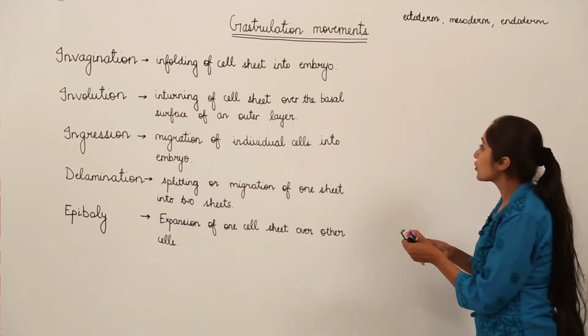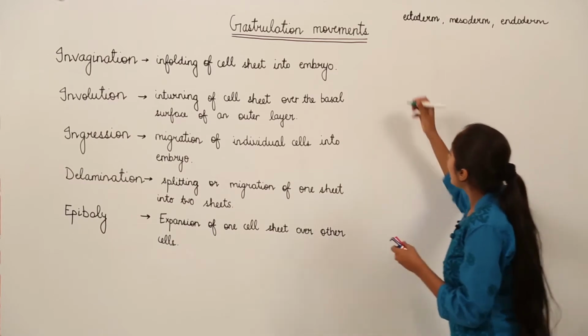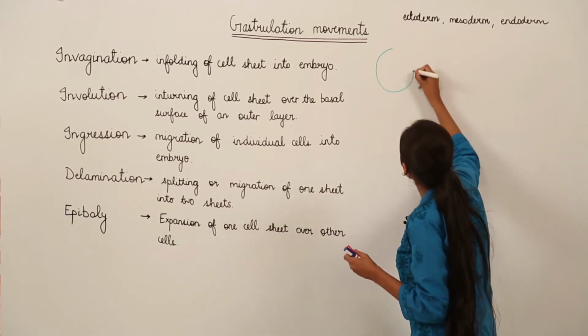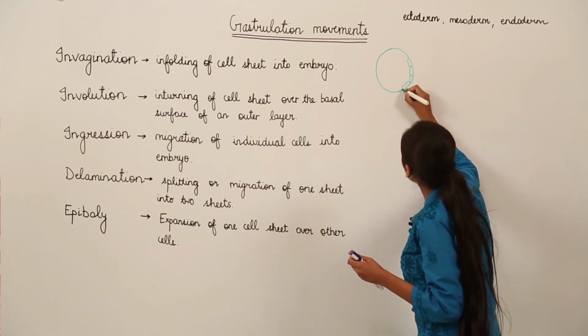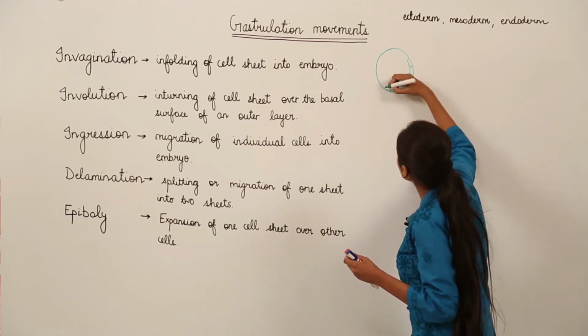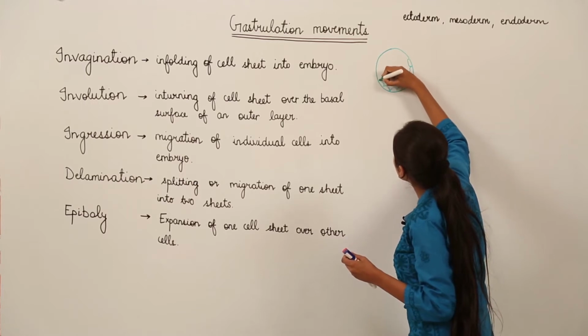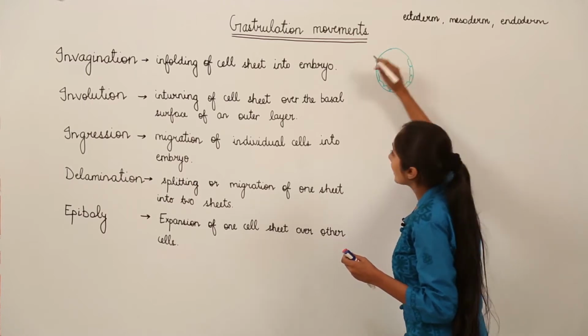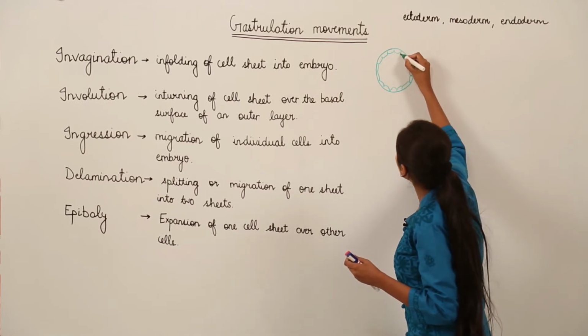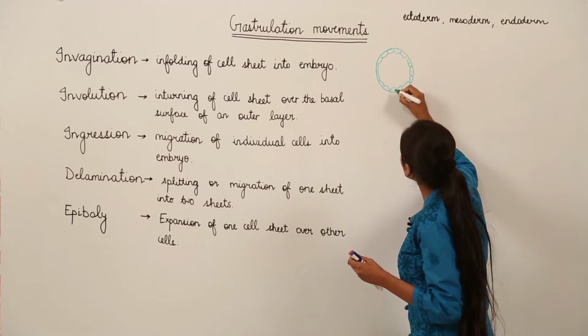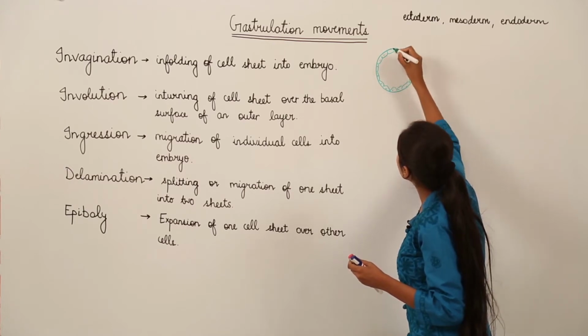So how are we going to show it? If I have to show a few cells, and these cells, according to the definition, are going to move into the embryo, there will be an enfolding of the cells. So supposedly this is how I am showing this.